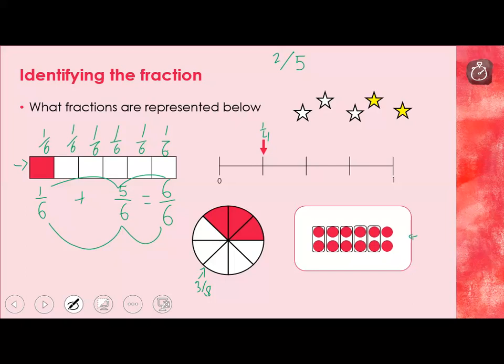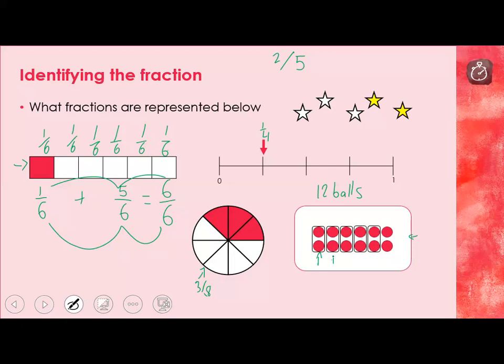Let's have a look at this one down here. Now I've got 1, 2, 3, 4, 5, 6, 7, 8, 9, 10, 11, 12. Let's say we've got 12 balls here, but they've been split into sets of 2. So how many sets of 2 are there in the array?